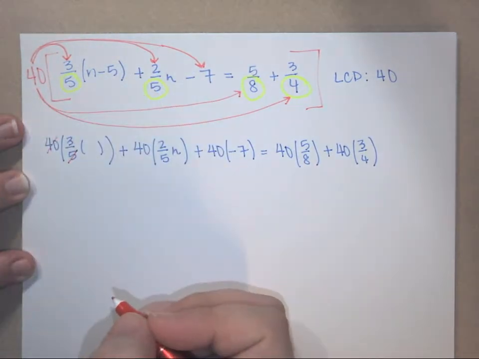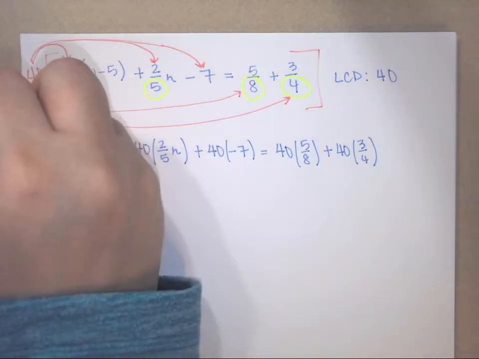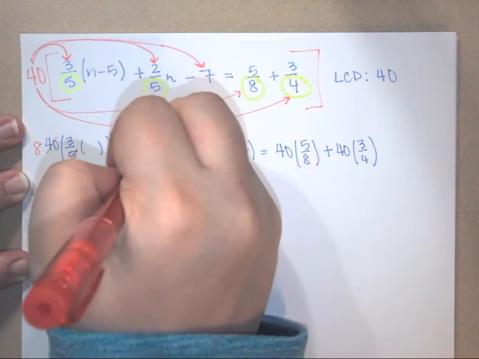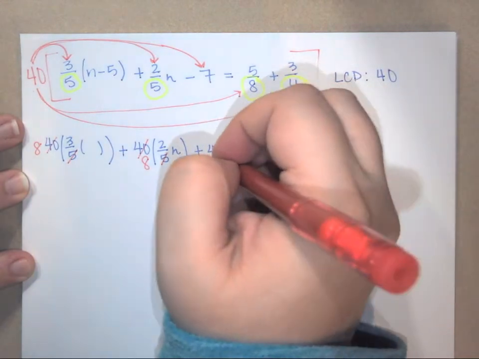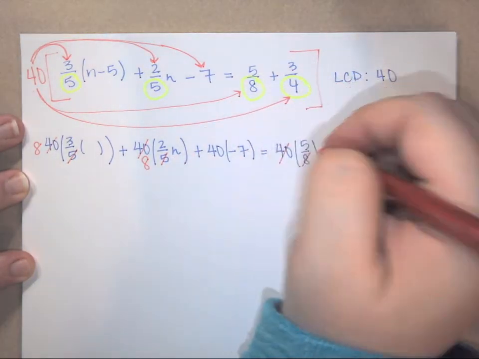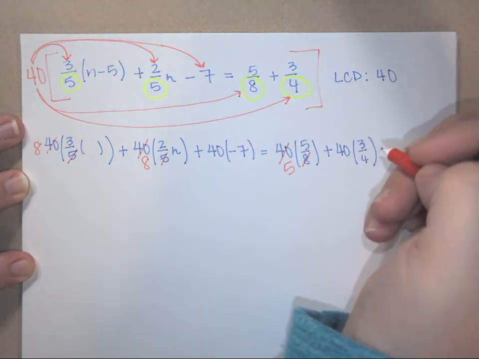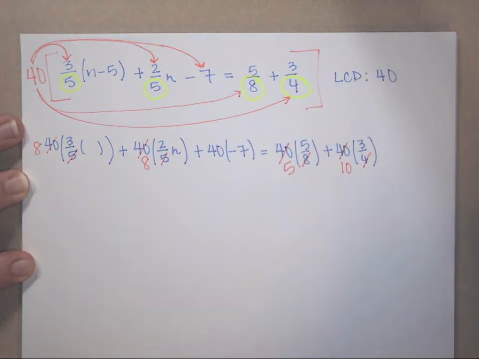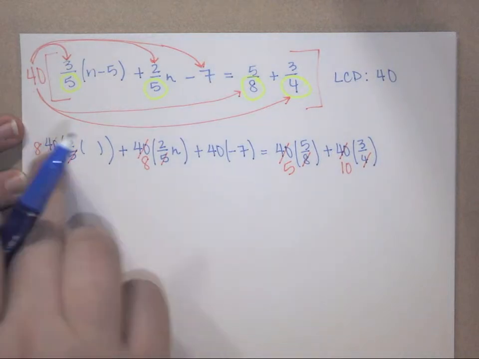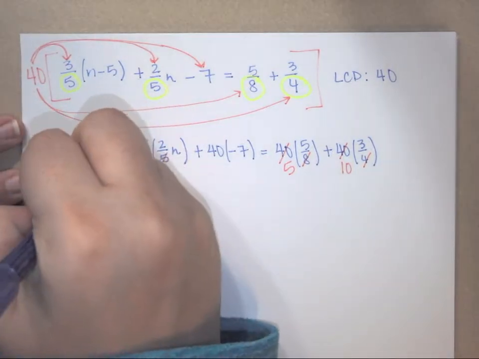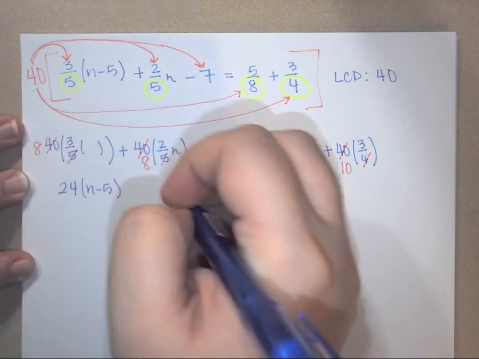So my 40 and my 5 go away and leave behind an 8. Again, 40 and 5 go away, leave behind the 8. 40 and 7 are going to just multiply together. 40 and 8 go away, leave behind a 5. 40 and 4 go away, leave behind a 10. So 8 times 3 is going to give me 24 times n minus 5.